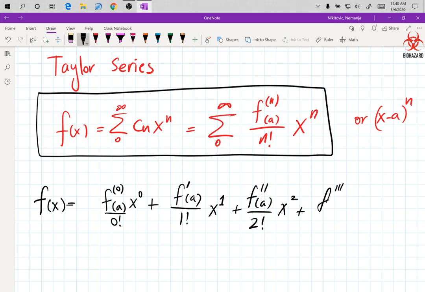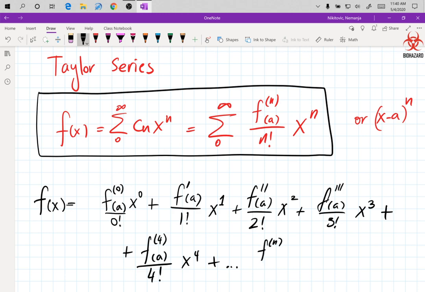F triple prime computed at a divided by 3 factorial, then x cubed, plus f to the fourth, and this is where the notation switches, over 4 factorial, there we go, x to the 4, plus, and I'll just put dot dot dot. I will put the nth derivative, but that's not the end because it will go forever.